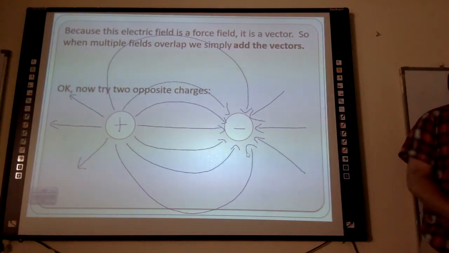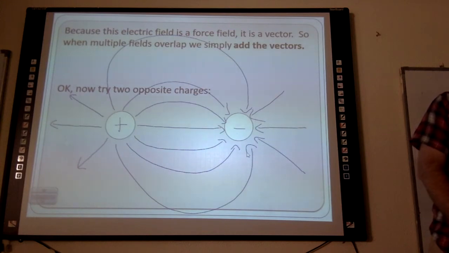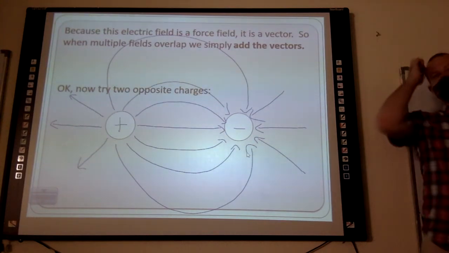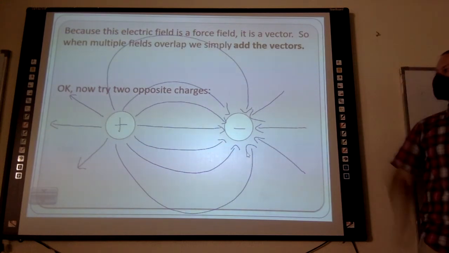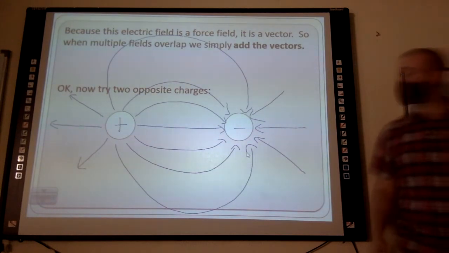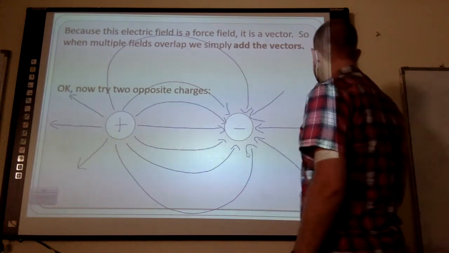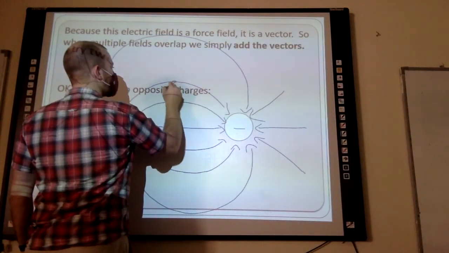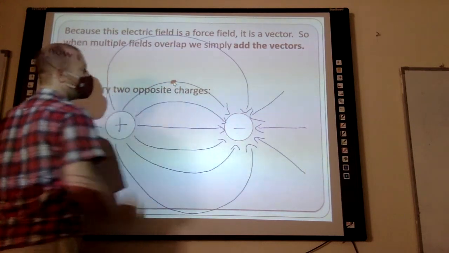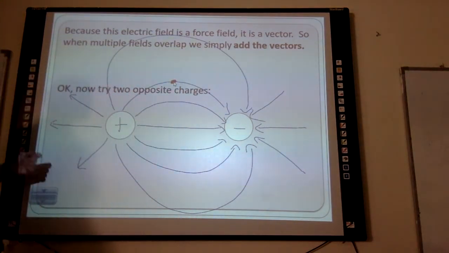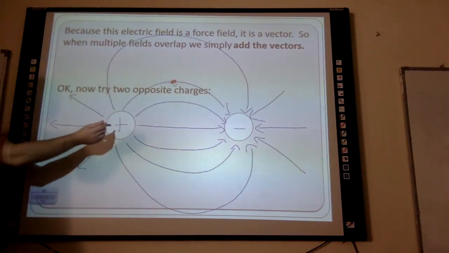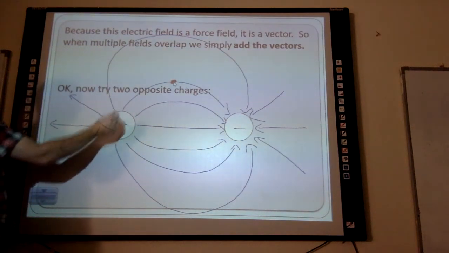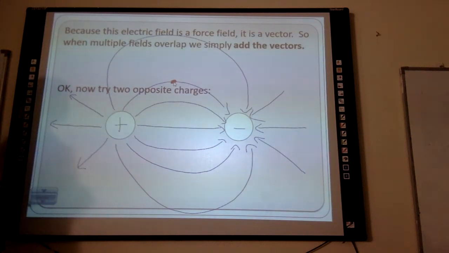So electric fields are vectors, so we add them as vectors. So you can almost picture it if I were to take a specific point. So let's say I picked this point here. If I wanted to know what's the total electric field at that point, I need to add the electric field from this charge and the electric field from the other charge.